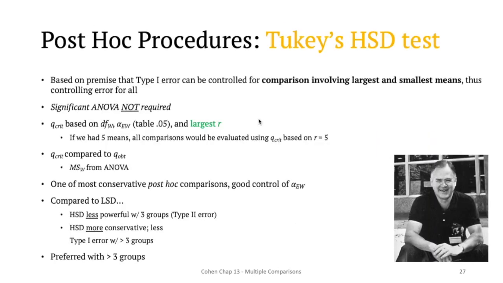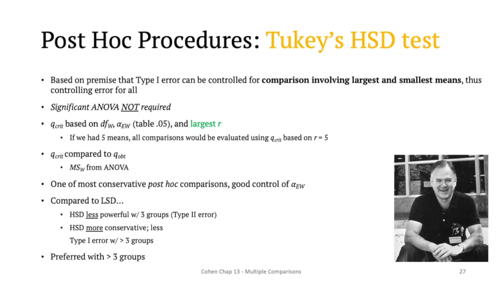Another one is Tukey's HSD test. This one's really common out there in the wild. It's based on the premise that type 1 error can be controlled for when involving the largest and smallest means. So if you control for that comparison, you're controlling for all other possible comparisons.